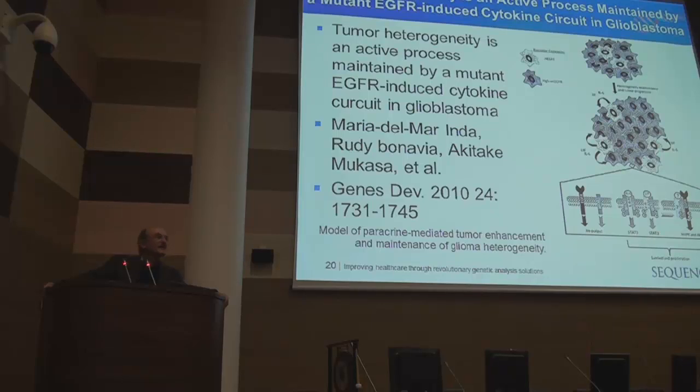And the other 95% do not. And what's going on here is that the cells that have the mutation are actually rather sickly. And they don't grow very well. So to get a fitness advantage, they cooperate with cells that don't have the mutation. And it's the mixture of the two that grow well. Okay?